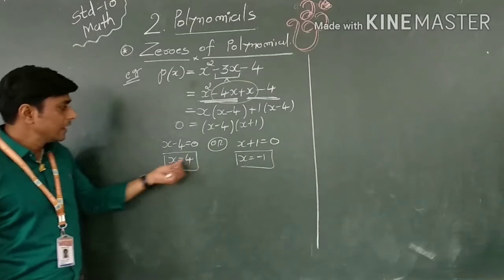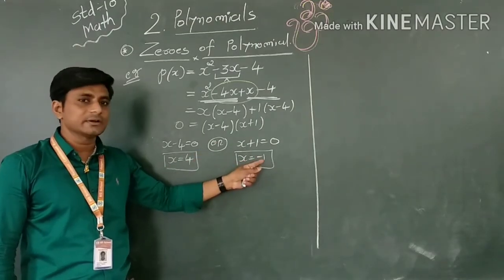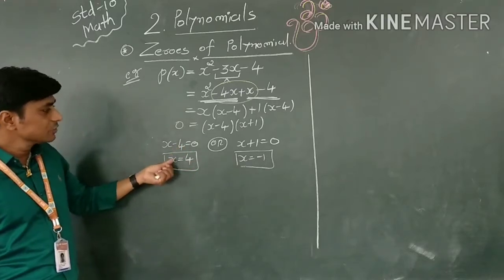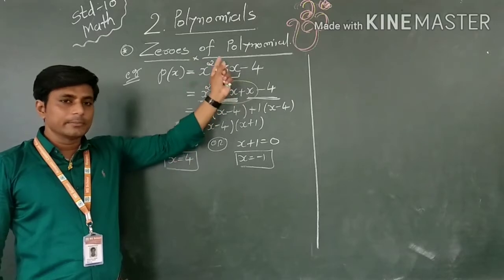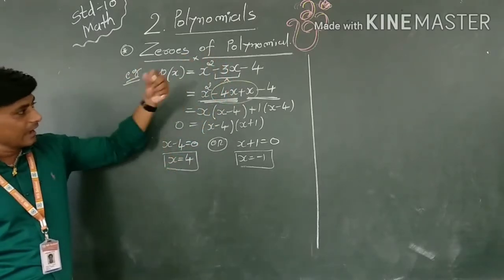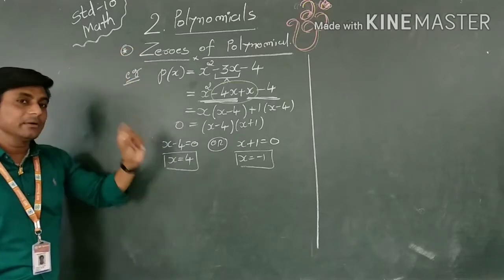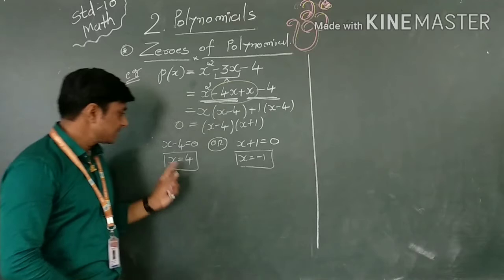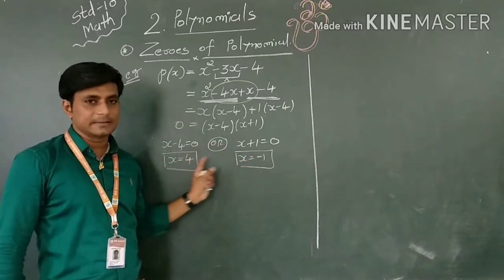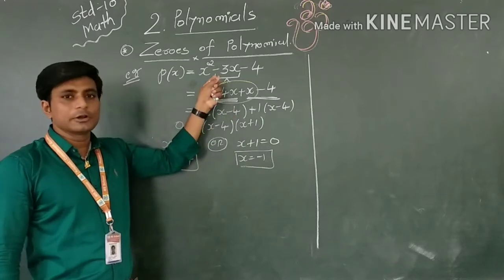Here the value of x is 4 or the value of x is minus 1. Therefore there are 2 values, because we took a quadratic polynomial. When I plot the graph of this polynomial, the graph and the x-axis intersect at exactly these 2 points. That means these are the 2 zeros of this polynomial.